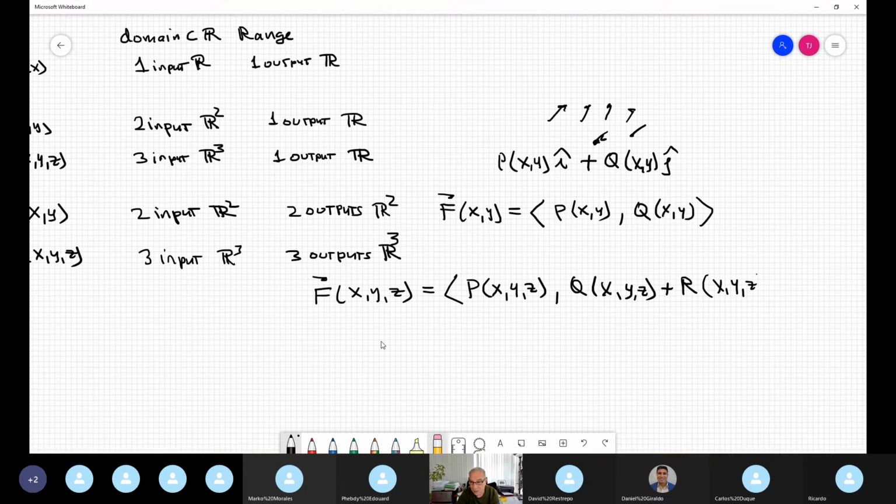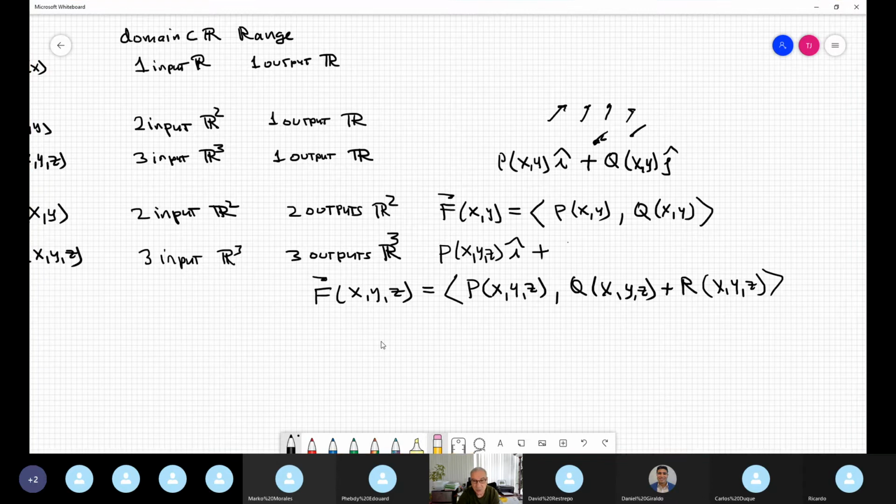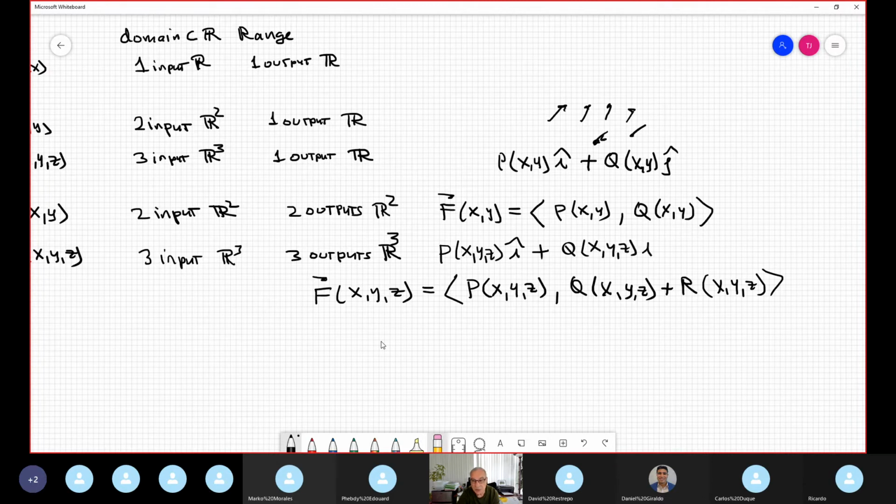So you write the vector field using Hamilton notation: P(x, y, z) i plus Q(x, y, z) j plus R(x, y, z) k.